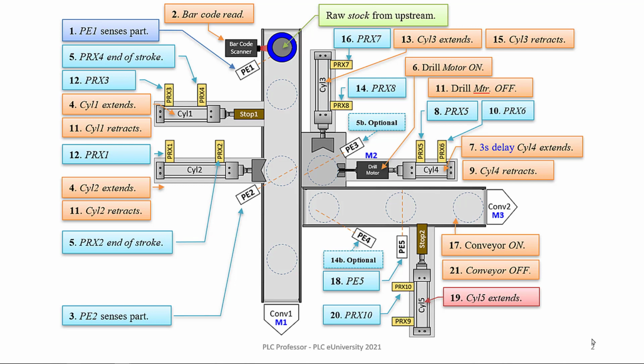In the graphic, I have laid out the steps in sequence for this machine operation. The general idea here, and I'm not going to go through all these steps in this graphic, is that we have raw stock that comes in from somewhere upstream in the manufacturing process. When I say upstream and downstream, obviously I mean things come from upstream and then they exit downstream.